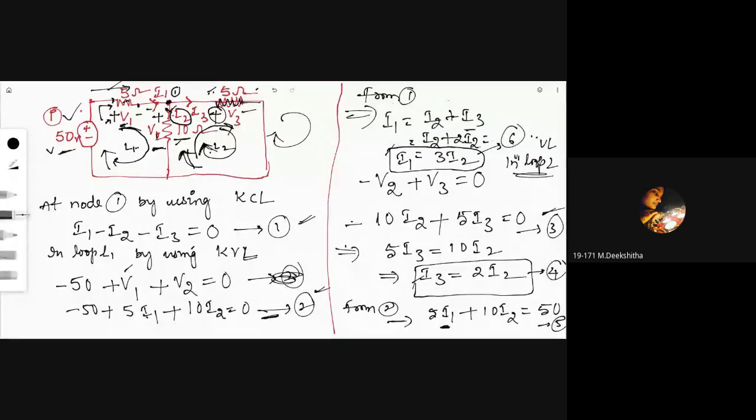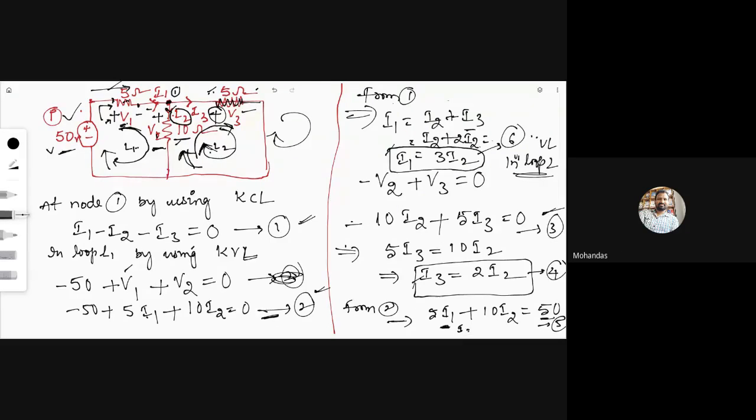Sir, from equation 5, 5I1 plus 10I2 equal to 50. Then I2 becomes 2. I2 is how much? 2.